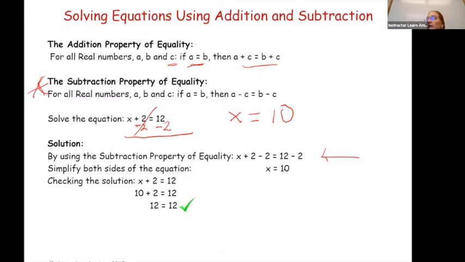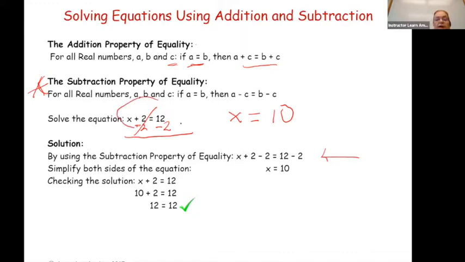Now, if you want to check a solution, you always have to go back to the original equation, always. Because if you go back to some intermediate step and you made an error going from the original to the intermediate step, you may find out that everything looks okay, but you jumped over the part where you made the mistake. So the key in checking is always to go back to the original equation.